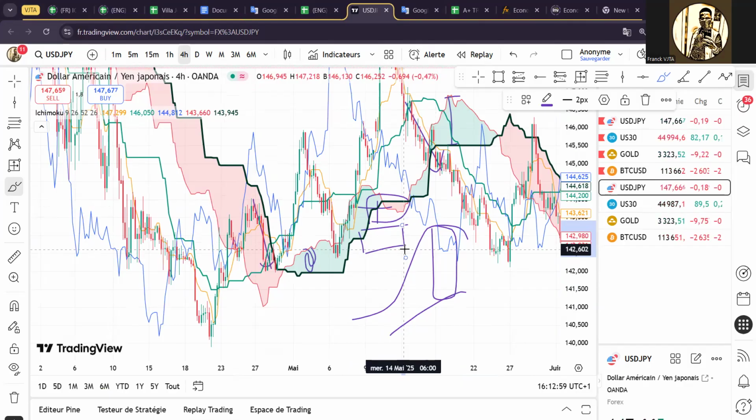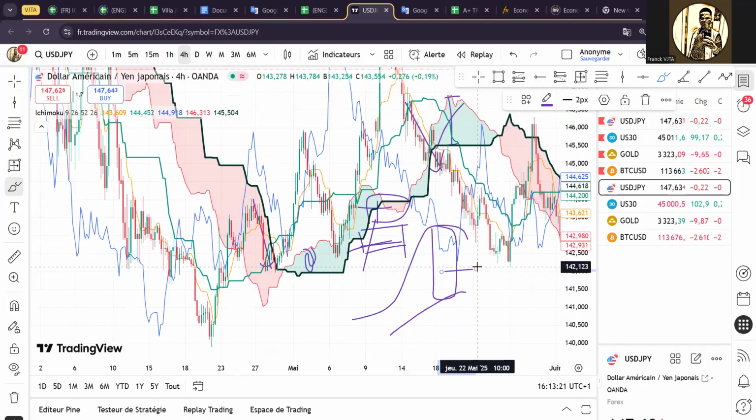If you don't have it, it will not reverse. And it also reverses because of the separation of the lines of TK, SS, KSB. Yes, that's why you have reversals. But the size of the cloud and the size of TK are just speed of correction and speed of reversal.